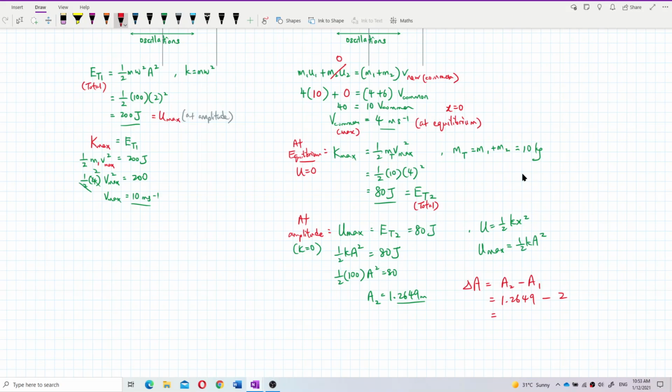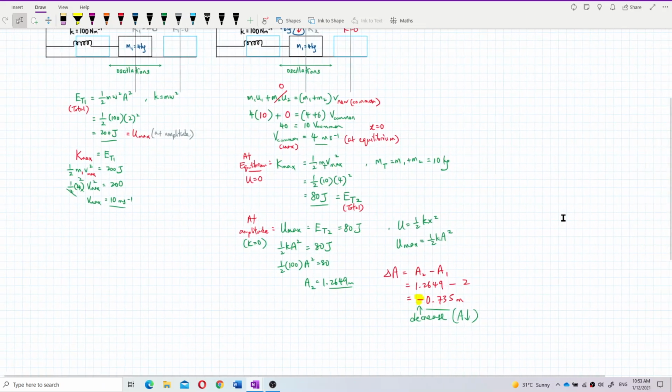So it is equal to negative 0.735 meter. The negative sign here means it dropped. The negative sign means the amplitude has decreased. Understand?